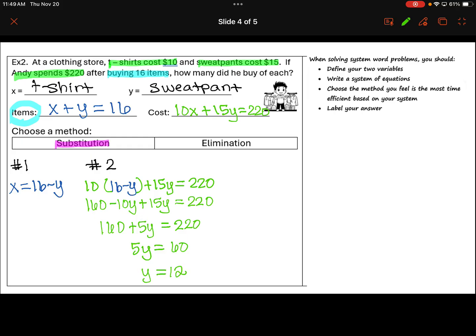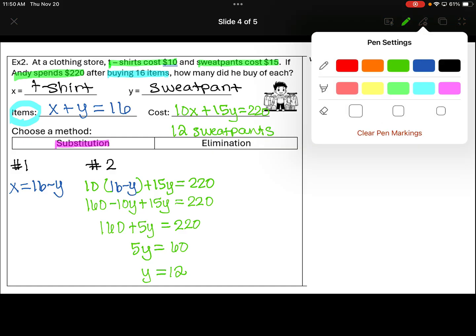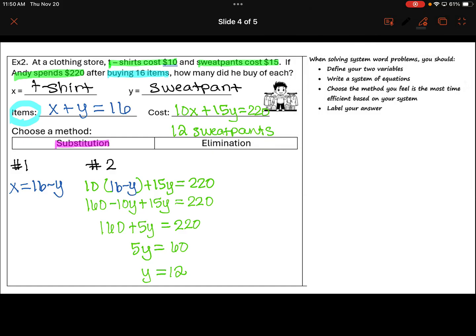So right now, I know that I bought 12 sweatpants. Okay. So now for step 3, I'm going to plug that into the first equation. So I am going to say x equals 16 minus, and now I'm plugging in that 12 for y.